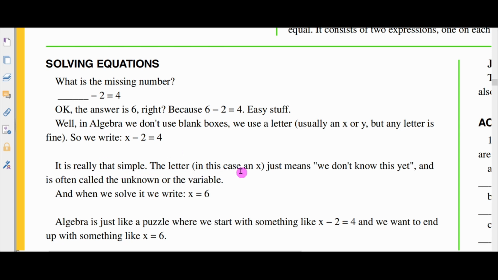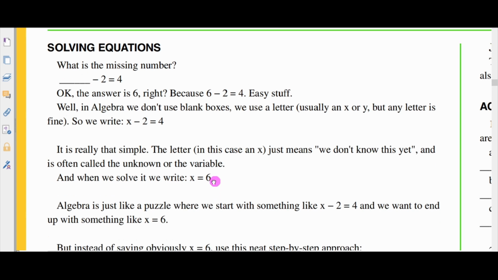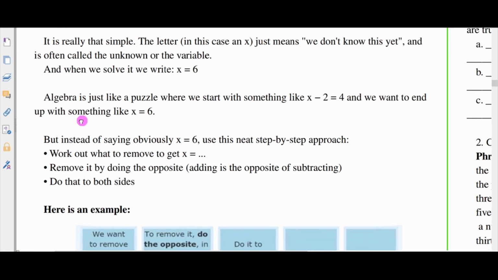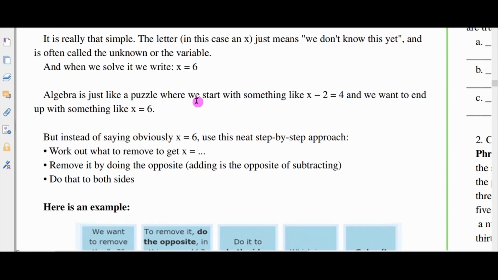The letter, in this case an X, just means we don't know this yet and is often called the unknown or the variable. And when we solve it, we write X is equal to 6 because now we know what it is. Algebra is just like a puzzle where we start with something like X minus 2 is equal to 4 and we want to end up with something like x is equal to 6.